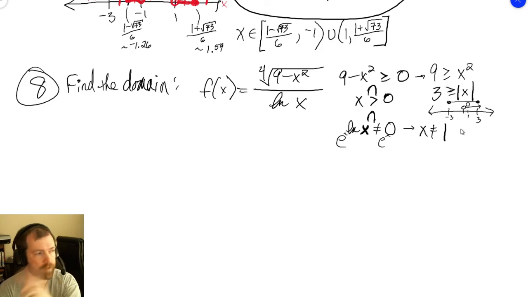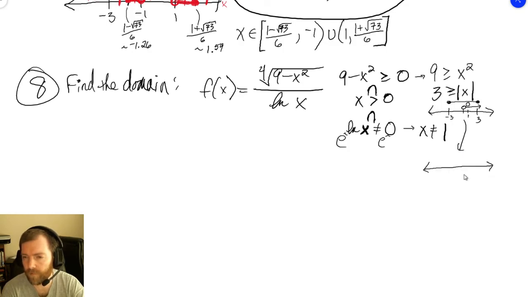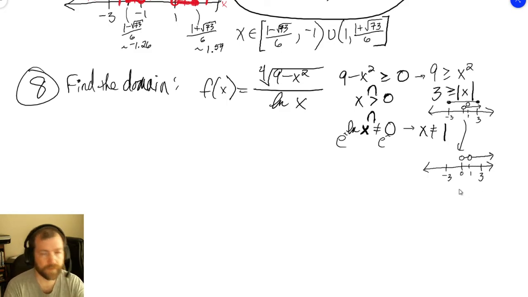So when we take all three of these into account, this is only going to allow us from 0 up to 1, but 1 has to be empty, and then from 1 up to infinity.